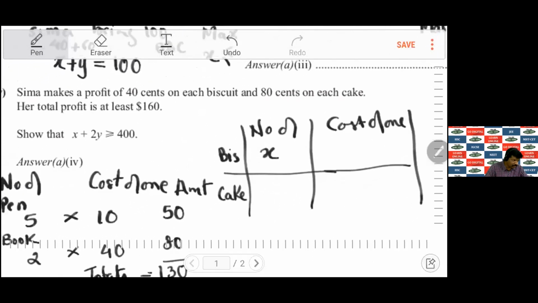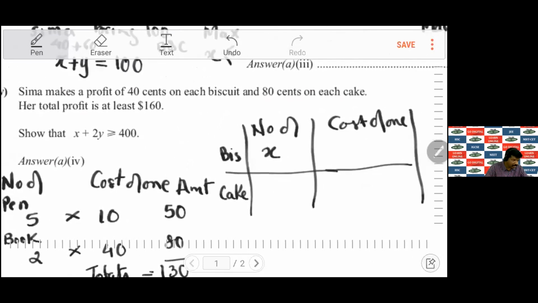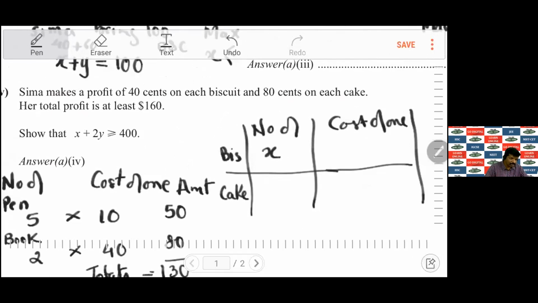You told me the cost is 40, but what is the cost of the biscuit? You don't know. So read the sum at the top. 40 is not the cost, it is the profit. So cost of 1 or profit of 1: sometimes we will deal with the cost, sometimes with the profit. So what is the profit? 40.